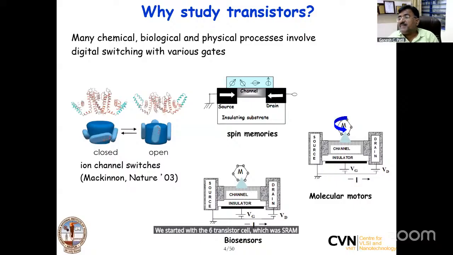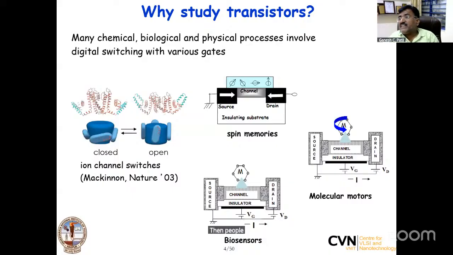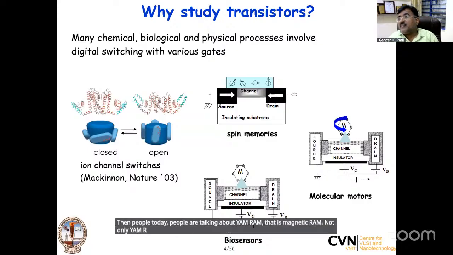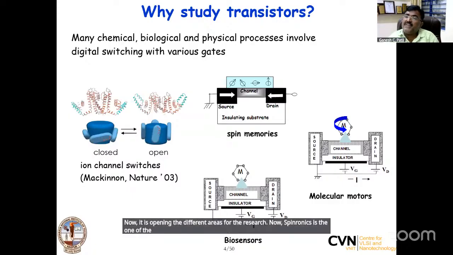Then we came up with the 1T1C, 1 transistor, 1 capacitor cell, that is DRAM. Then today people are talking about MRAM, that is magnetic RAM. Not only MRAM, today people are talking about RRAM, resistive RAM. Now it is opening different areas for research. Spintronics is one of the domains where people are working today, which talks about spin memories.